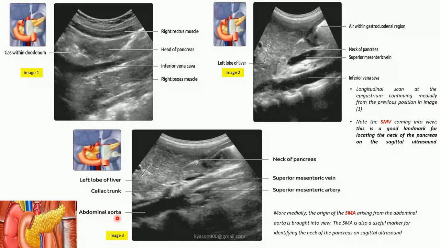Coming off from your abdominal aorta. This is the abdominal aorta, and you can also see it here giving off that superior mesenteric artery, which is going to be running downwards. And there's fatty tissue around it, and that's why its outer wall is appearing bright. That's a feature I mentioned that can be used to differentiate this artery from the vein.